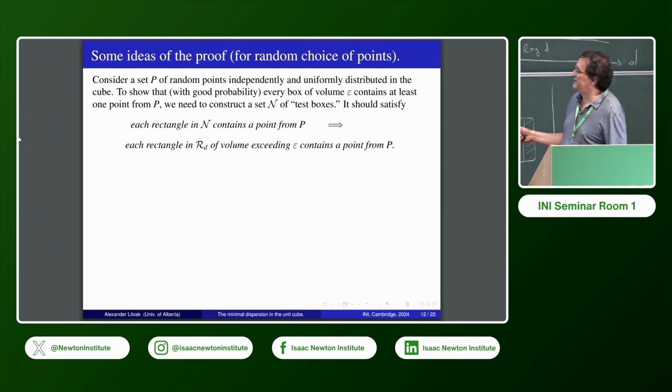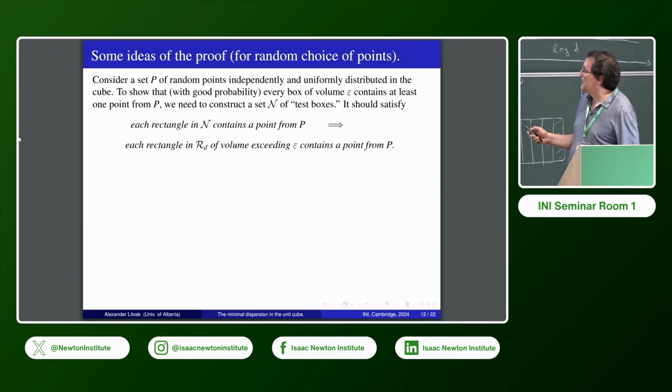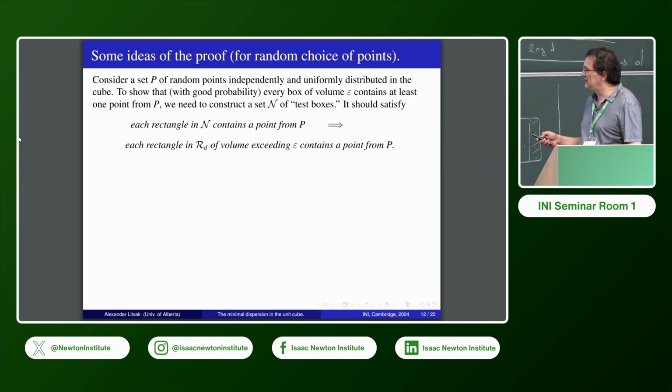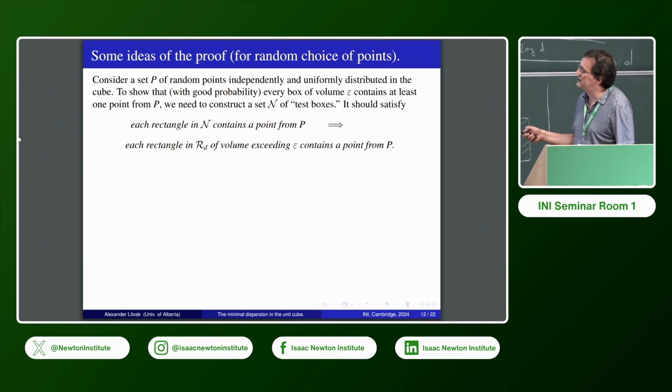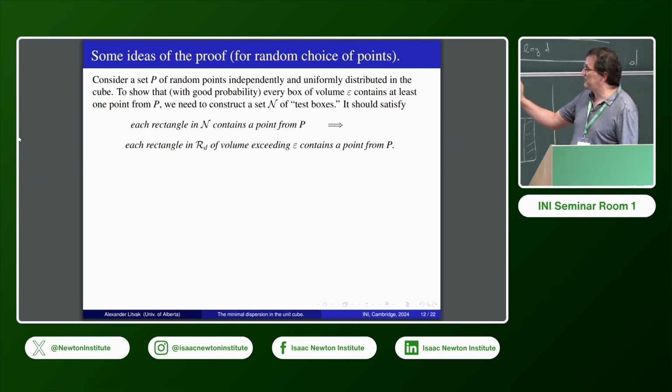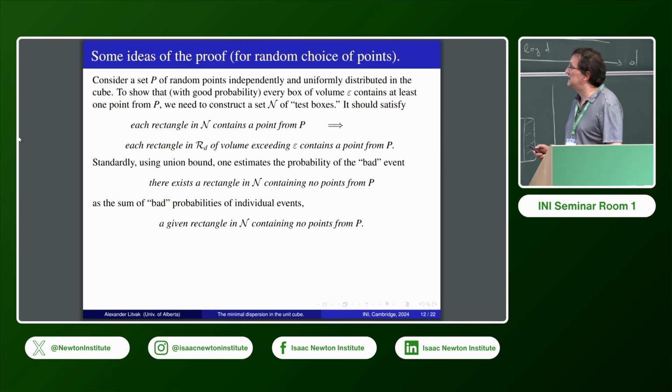If each rectangle here contains points, then each rectangle in my set also contains a point. Of course, the easiest way to think about it is that for each rectangle in my set, I can find some rectangle here which is inside. It's not for all cases, but for most cases we use this idea.